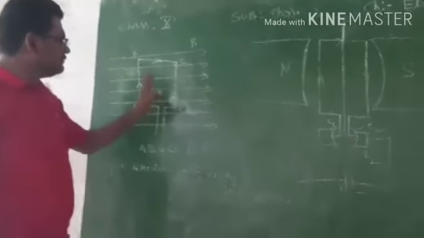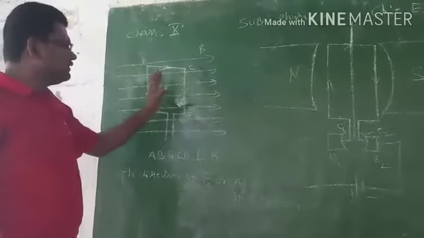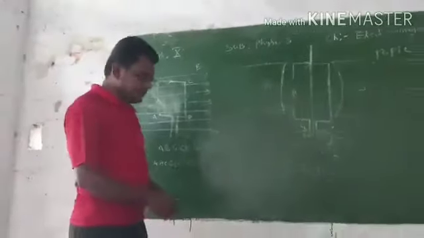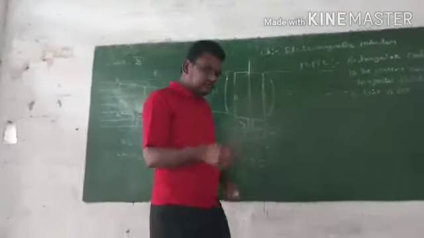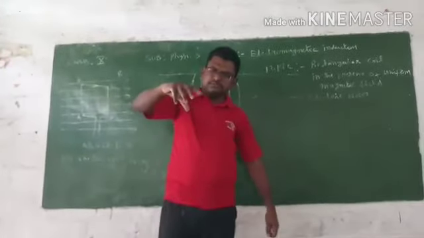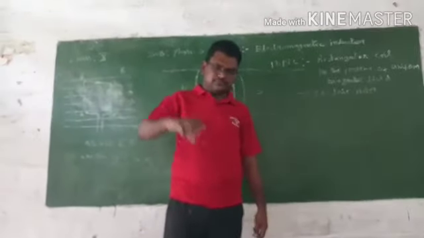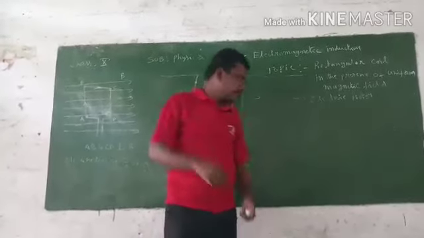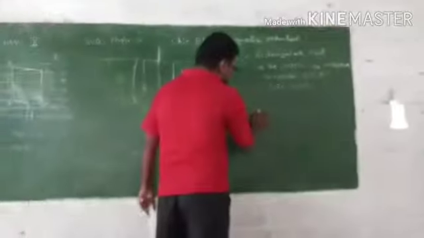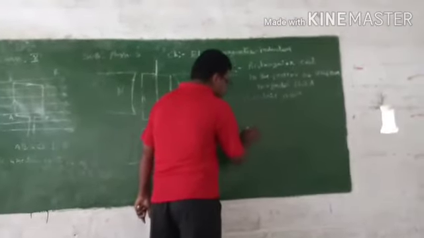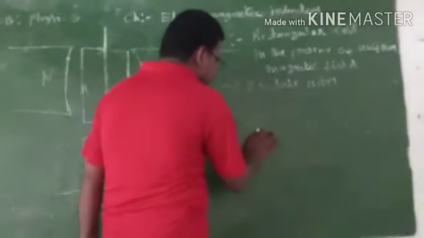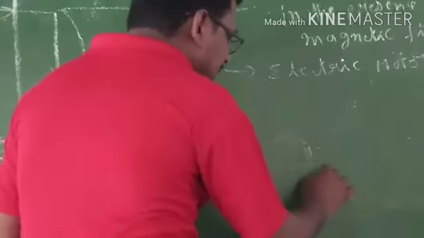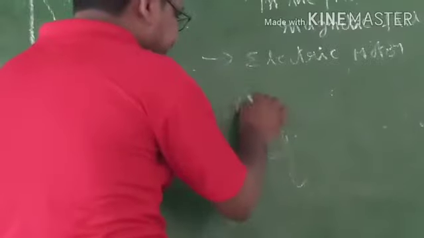Now let's see why the rectangular wire rotates because of these forces. Suppose in order to open the cap of a bottle, what do we do? We apply force on either side of the cap in opposite directions, in this way.